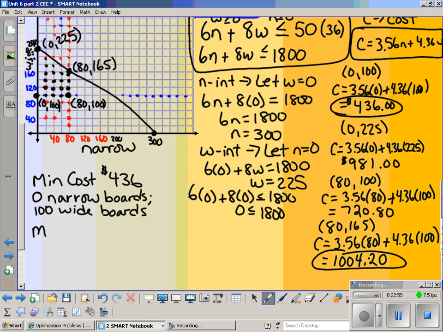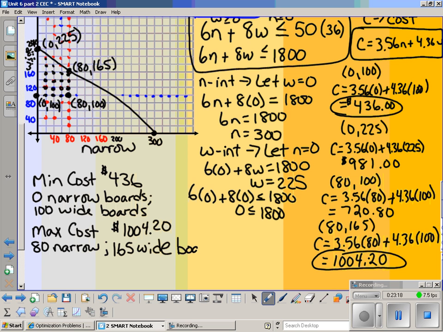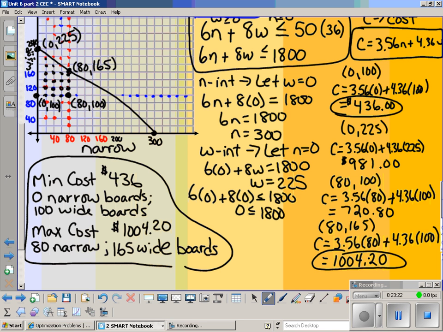And your maximum cost will be $1,004.20, and that will occur when you use 80 narrow boards and 165 wide boards. So you are now able to tell the company what their maximum and minimum costs would be to build this fence.